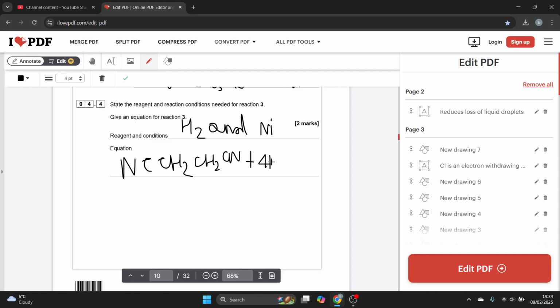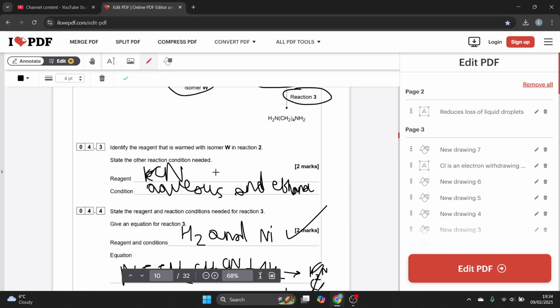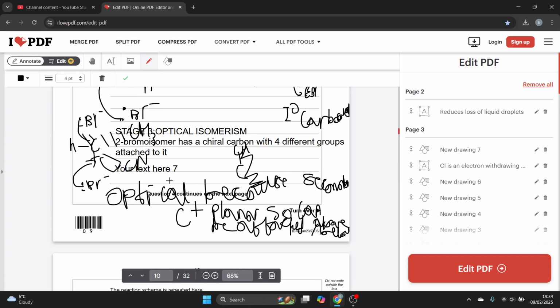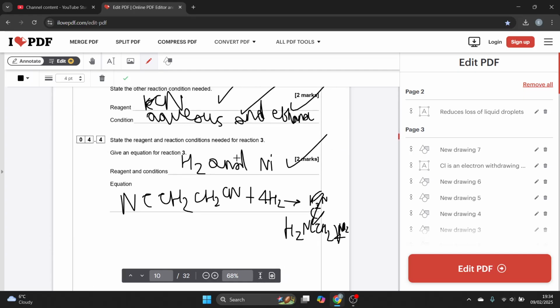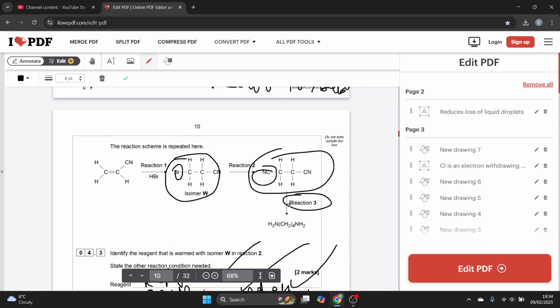Plus 4H2 to form H2N(CH2)4NH2. Hydrogen and nickel. This is also called catalytic hydrogenation, hydrogen and nickel catalyst or Pt or Pd, plus 4H2 to form this.